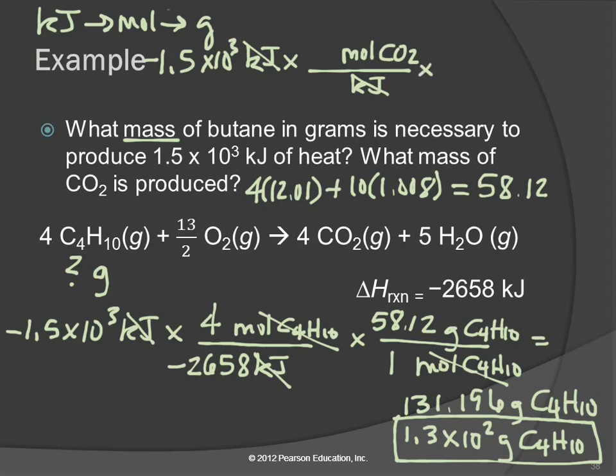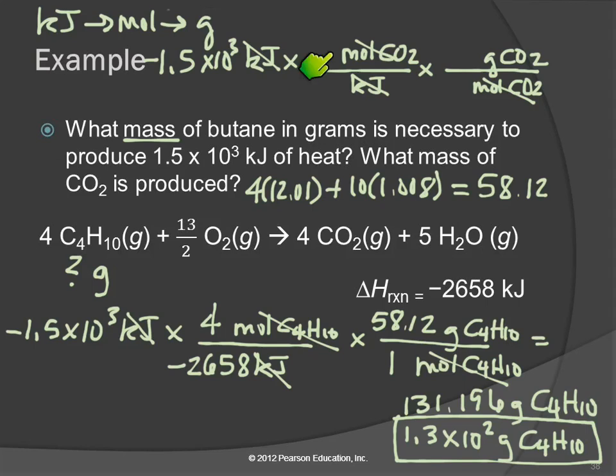And then next, I'm going to go to grams of CO2, and I want to divide by moles of CO2. So the units work out. You will get the correct answer more frequently if you take the time to write out the units and make sure that they're canceling out correctly.